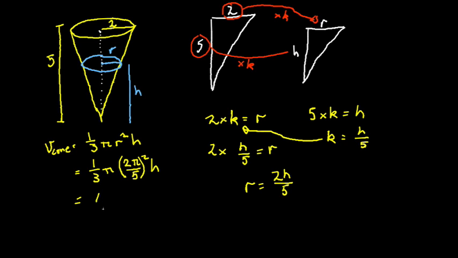Expanding the brackets, I'll end up with 4 pi over 75 h cubed.